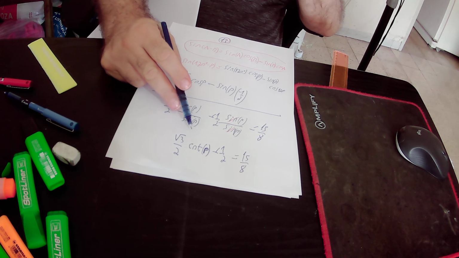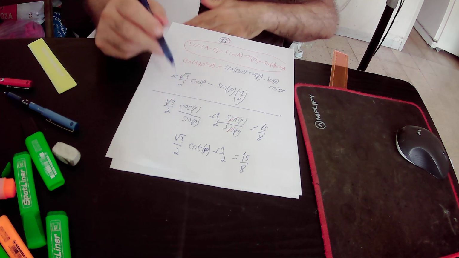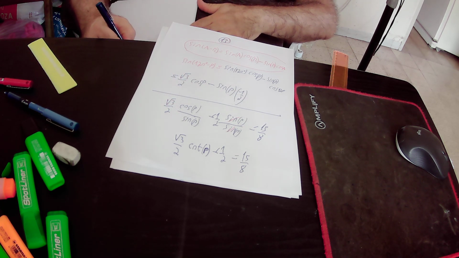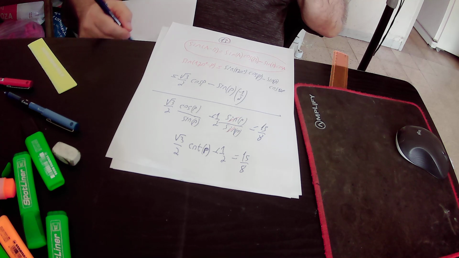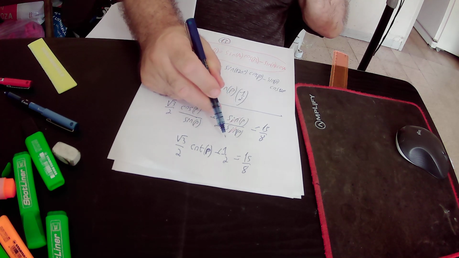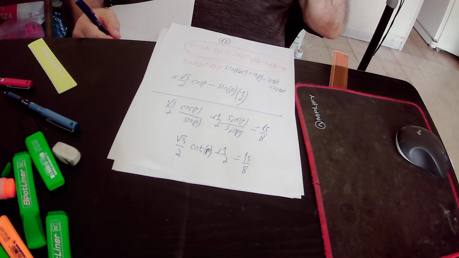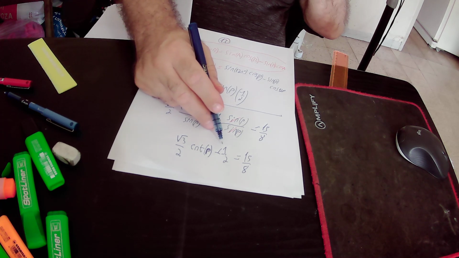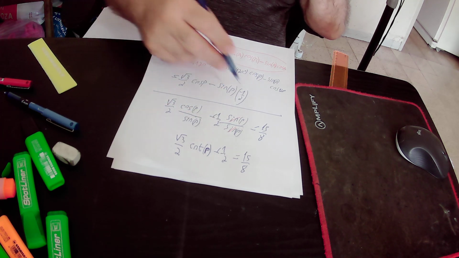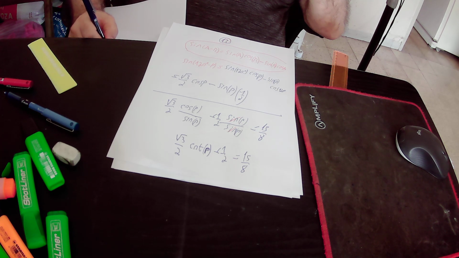So we'll substitute cotangent p by 1 over tangent p, and we will subtract 1 over 2 from this equality, and we will get that here 1 half minus 1 over 2 is 0, and on the other side of the equality we will have 15 over 8 minus 1 over 2, which is 4 over 8.